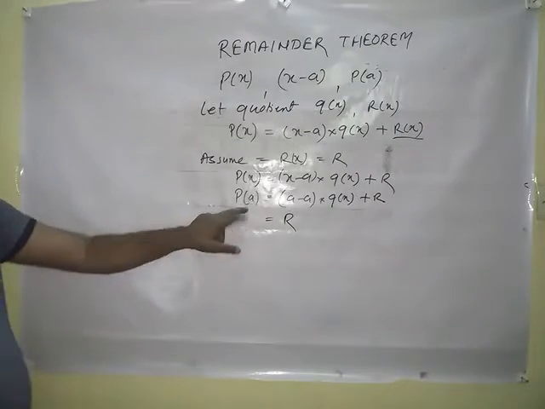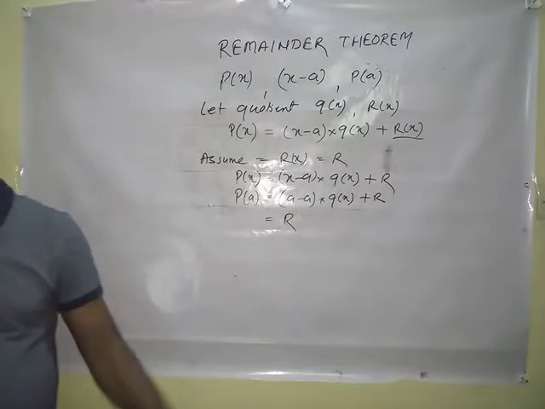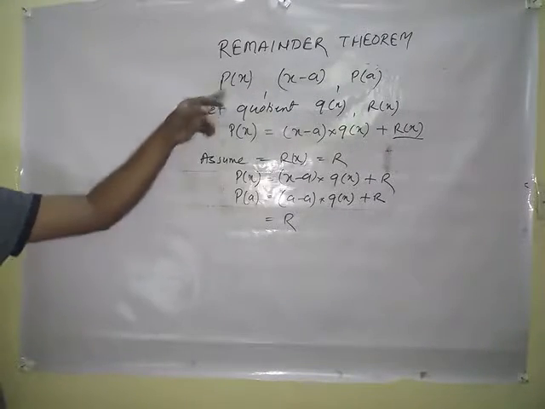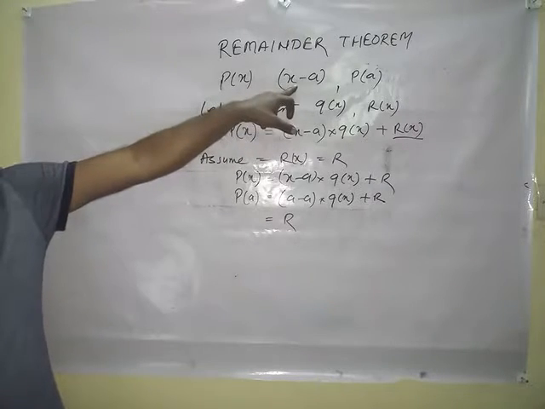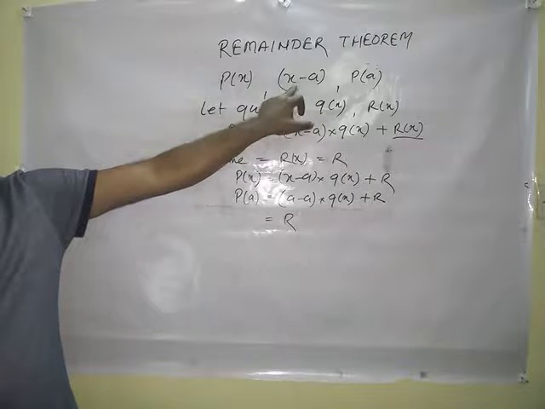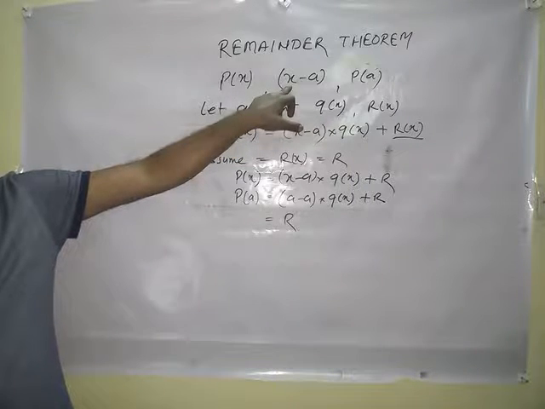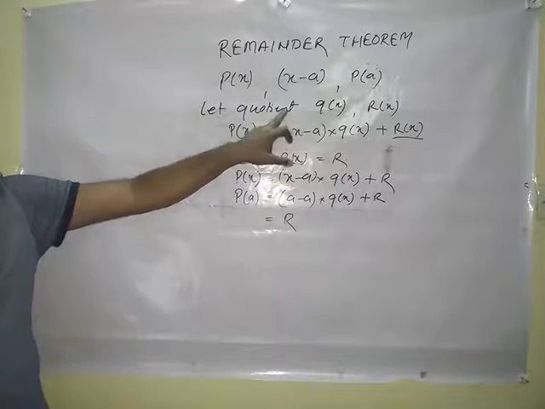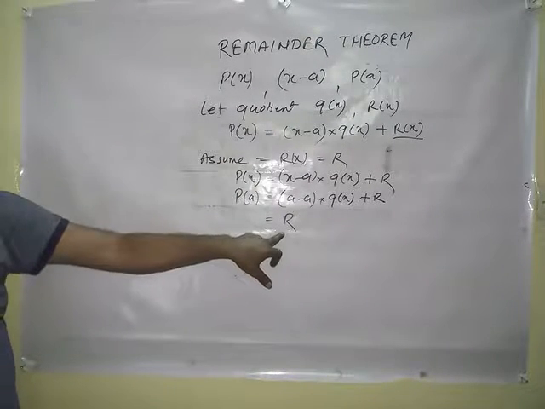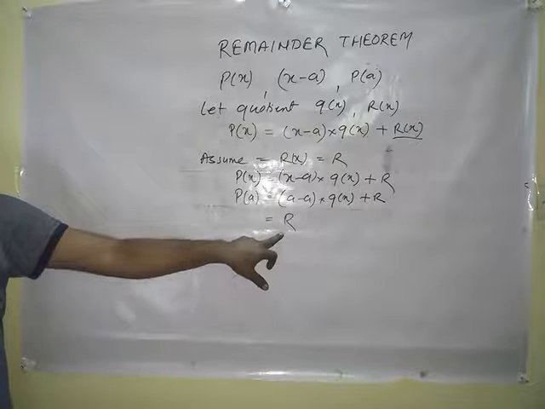So P(a) is equal to R. That is how you can prove that the remainder theorem is applicable only when the divisor is a linear equation, and that P(a) will be the remainder.